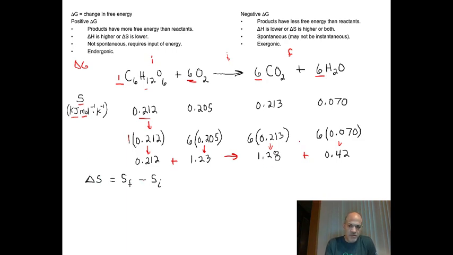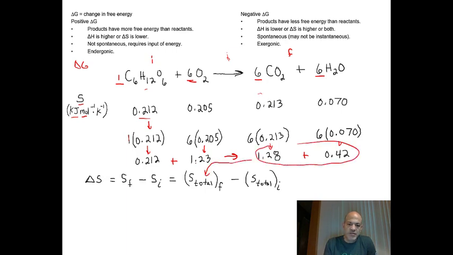On the right side of the arrow is the final, your products, and on the left is the initial. Because we have more than one product and more than one reactant, you have to total them. So it's the total entropy final minus the total entropy initial. In other words, I take this total and put it there, and take this total, because that's the initial one, and put it right there, okay?